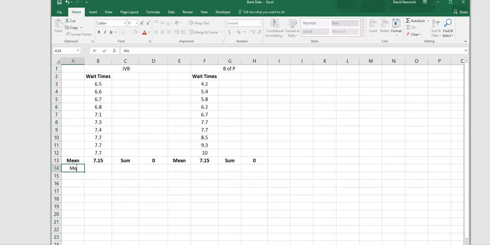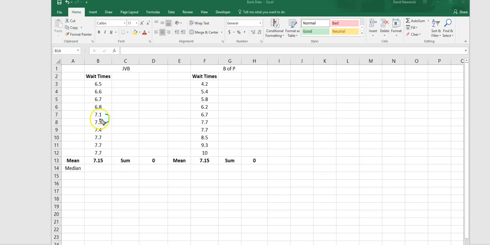The median, we can quickly look at that and evaluate it. Here we've got 10 values, and so the median is going to be the average of the 5th and 6th data value. You see 1, 2, 3, 4, 5, and then the 6th, so we take the average of those 2 right here.